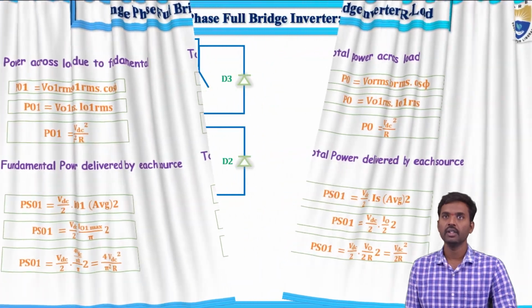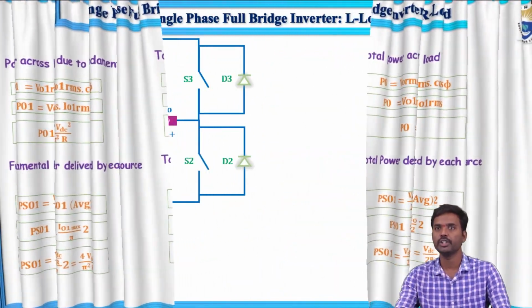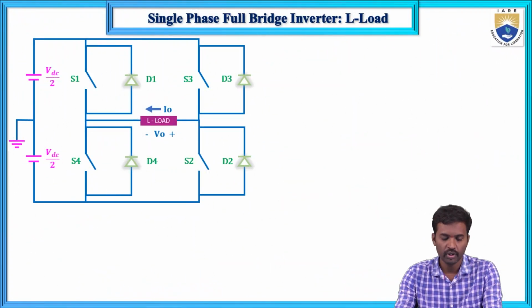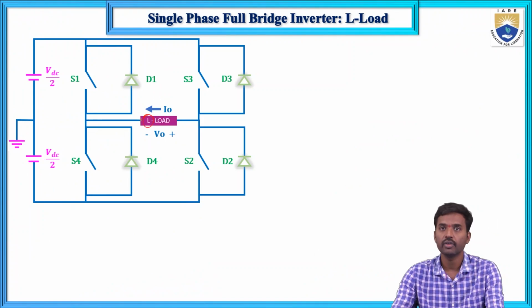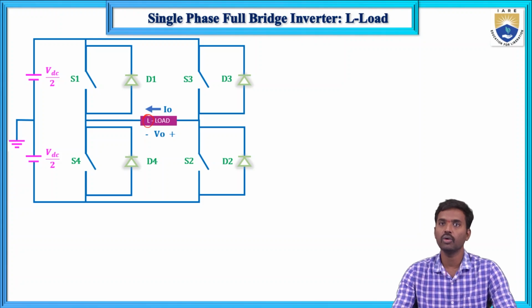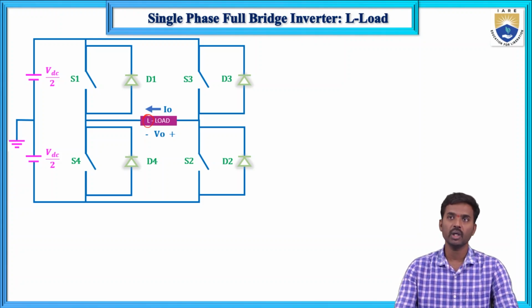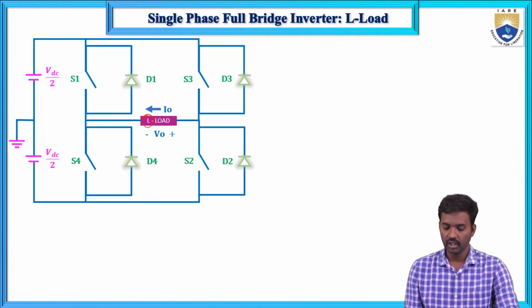And next, the second one is a single phase half bridge inverter with L load. Here in the L load, we are changing the load only. So whatever the load you take, you will get the same output voltage, but here the current only changes. Here what is the current value? Current is triangular, but in case of R load, that is a square wave.